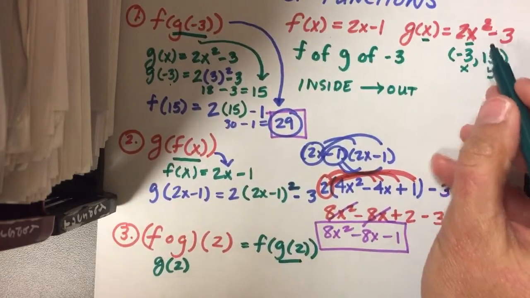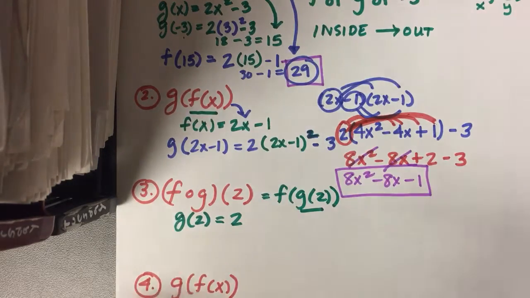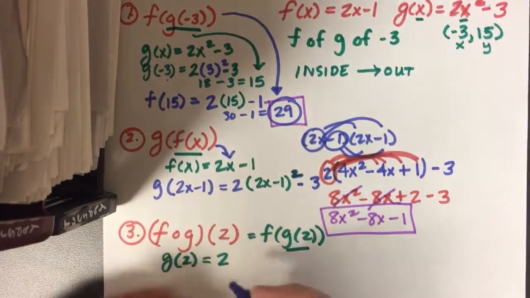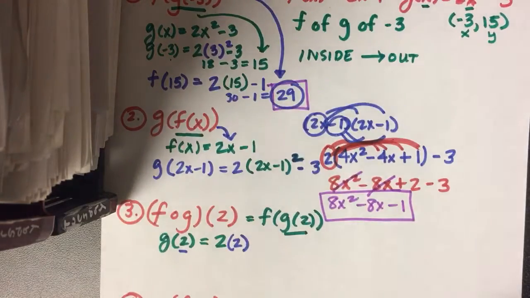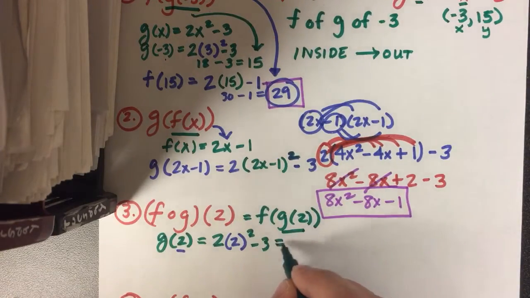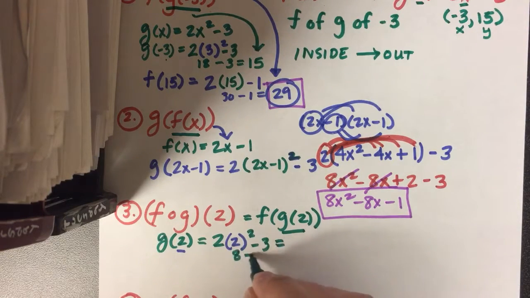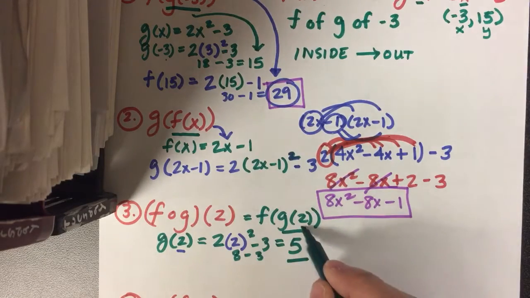Remember, g is 2x squared minus 3. So my input is going to go in for x, and my input is 2. So 2 times 2 squared minus 3. So g of 2 is going to give me 8 minus 3, which is 5. So g of 2 is 5.